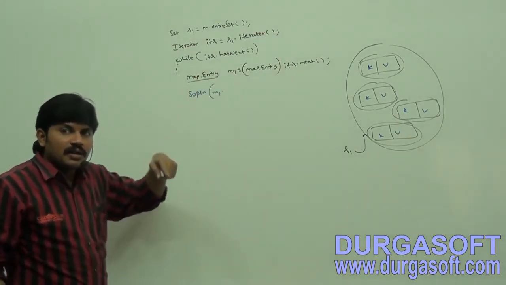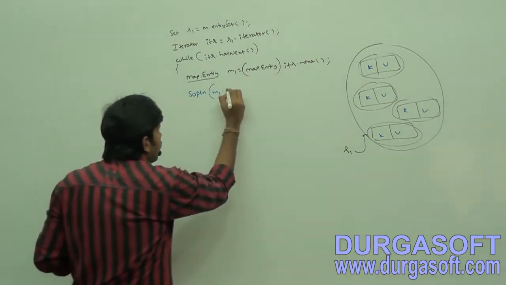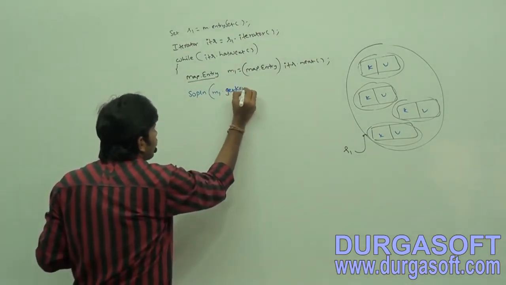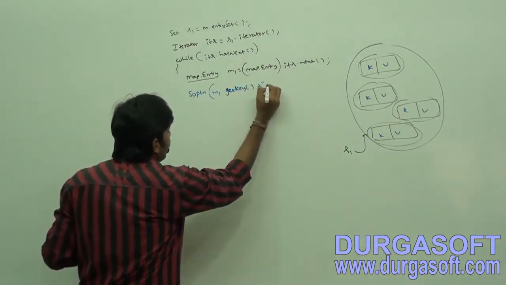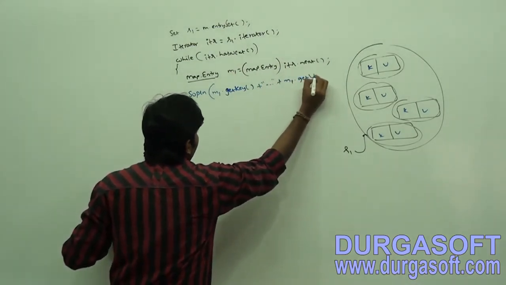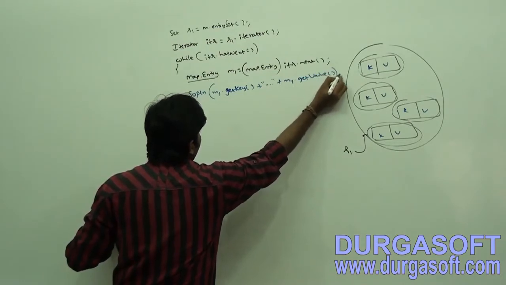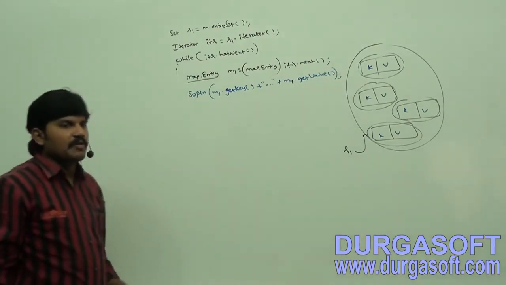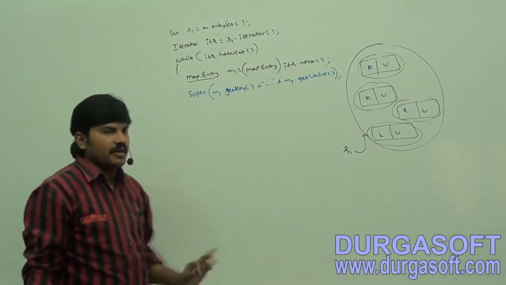Entry object. On the entry object, which thing can we call? m1 dot getKey, m1 dot getValue. What is the key, and what is the value? By default we are getting getKey, getValue, right?